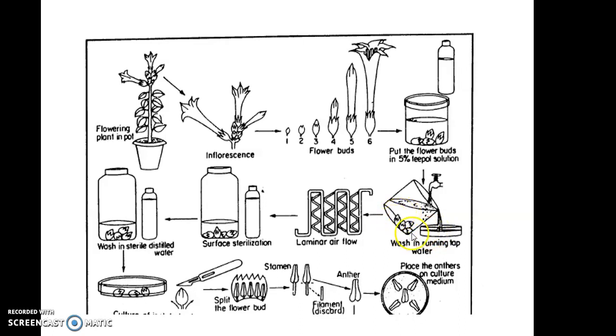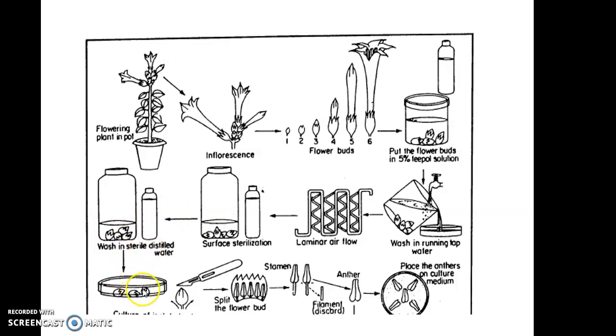Then transfer these flower buds inside the laminar airflow. Then you can again use them for surface sterilization, for example HgCl2, for 3 minutes. After the HgCl2 treatment, give 3 washes with double distilled water.